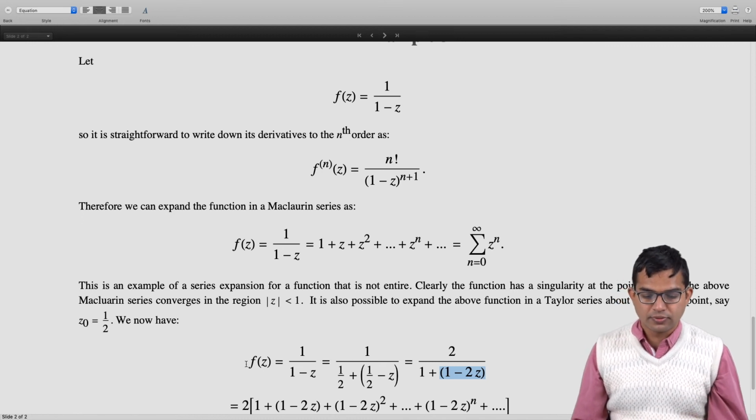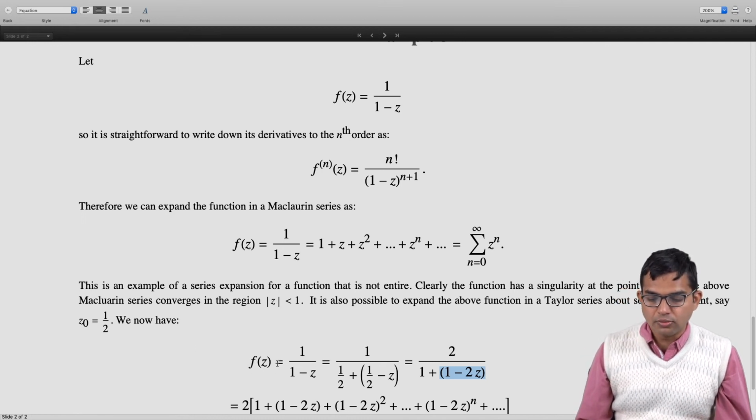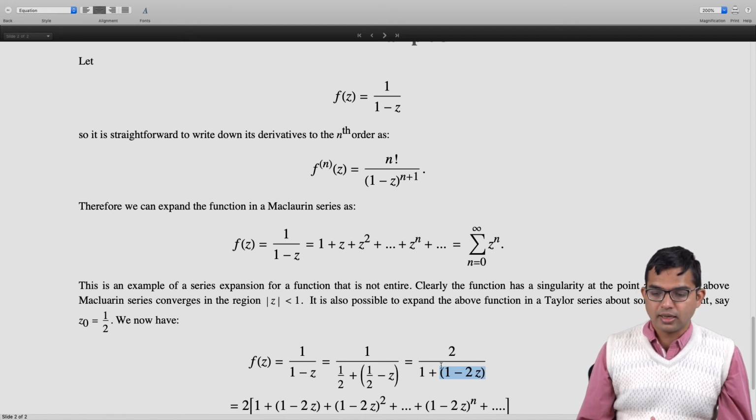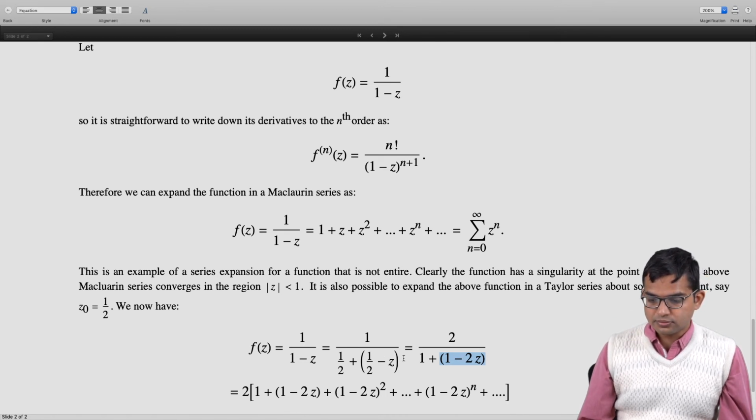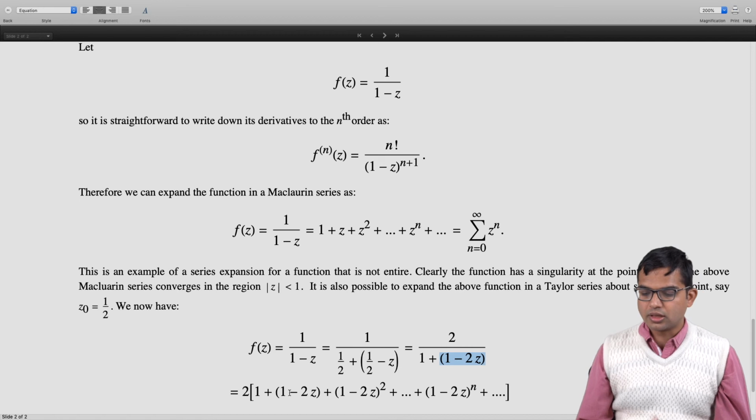So instead of thinking of it as f of z, it can be f of w, which is 2 divided by 1 plus w. And then you can expand this function in terms of 1 over 1 plus w, right? So in place of minus z, you have a plus w. So you get 1 plus 1 minus 2z.